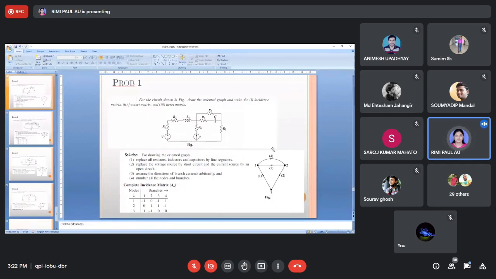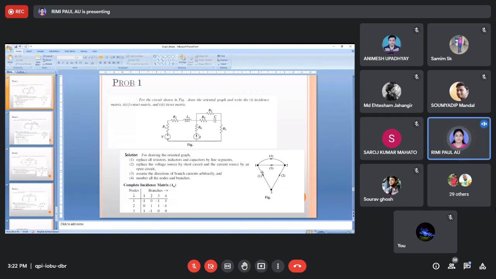Say one graph can have 7 possible trees, so you will draw the different possible trees. You don't have to show me. If you face a problem you can show me, but you will try it, okay? So from this graph you will draw different types of trees.